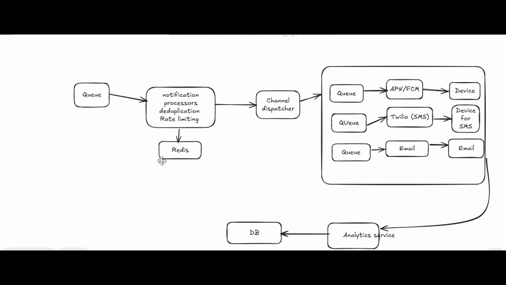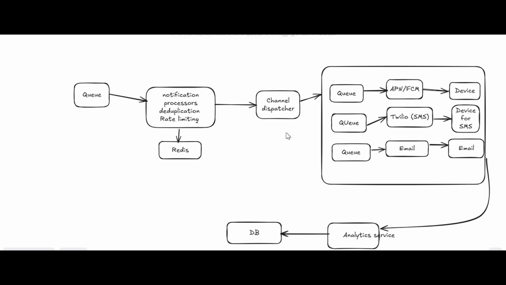Redis helps with fast lookups for deduplication and rate limiting. Our notification processors are lightweight and stateless, so they scale horizontally. We integrate directly with low-latency providers like FCM, APNs, or Twilio. Also, keep each step non-blocking. For example, we don't wait for feedback from APNs before moving to the next message.